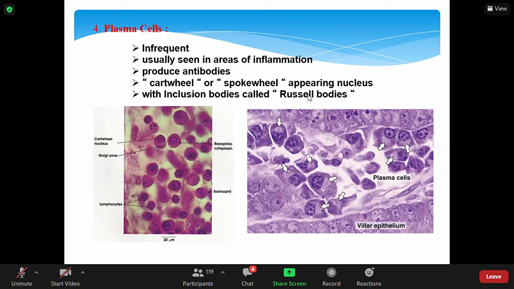Any question? Are we good? Are we clear? Okay, it's clear. Your classmates don't answer. So you have your inclusion bodies, the Russell bodies, your spoke wheel. So this is the one. The appearance of the nucleus.